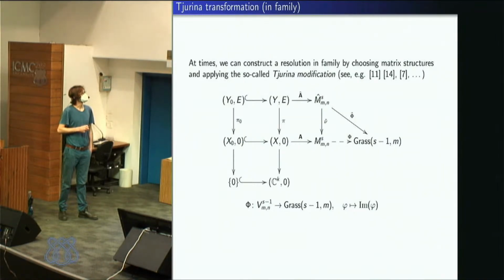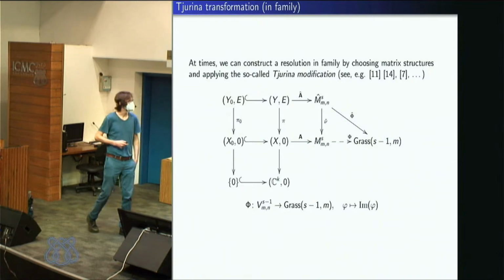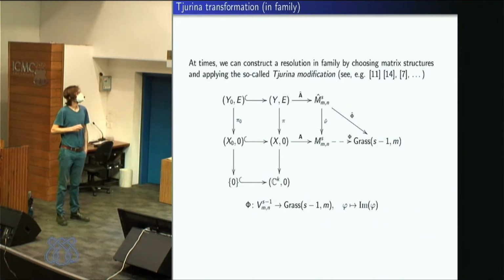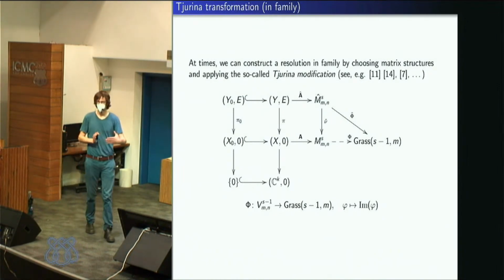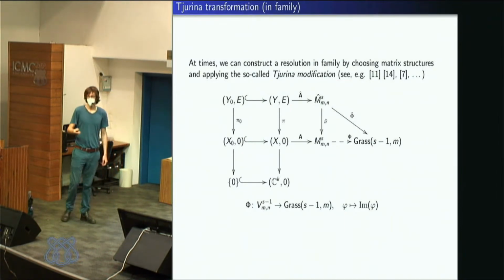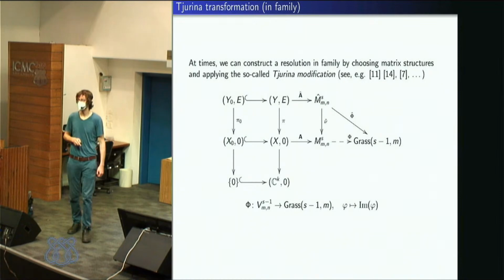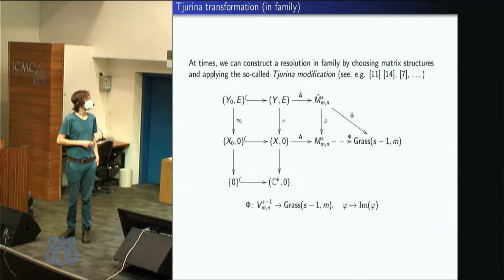So in this lower square, you have the natural deformation of the determinantal singularity, and via this fiber product construction, you get an induced family for the Tyurina modifications. But be warned, this one up here is not necessarily well behaved. It's only well behaved in some particular cases.